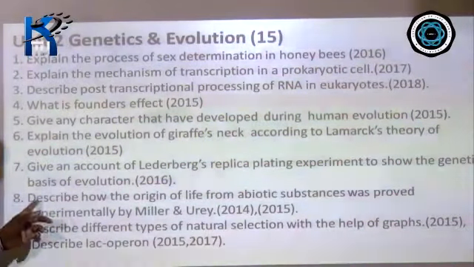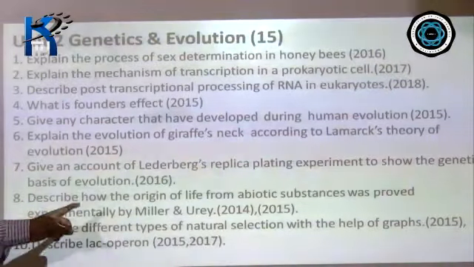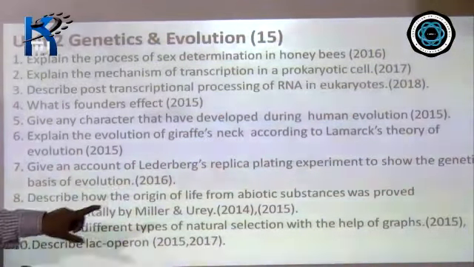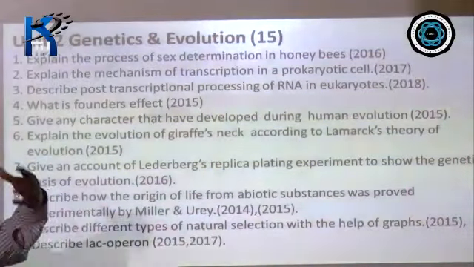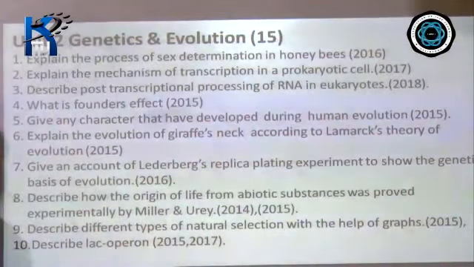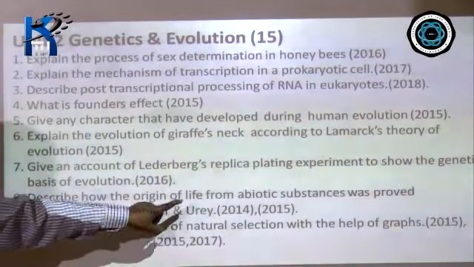Number 8, describe how the origin of life from abiotic substances was proved experimentally by Miller and Urey. Oparin-Haldane theory is there, in which you will come across chemogeny, biogeny, the different processes and factors that took place. Whether this was all hypothesis, that hypothesis was put into reality by Miller and Urey.